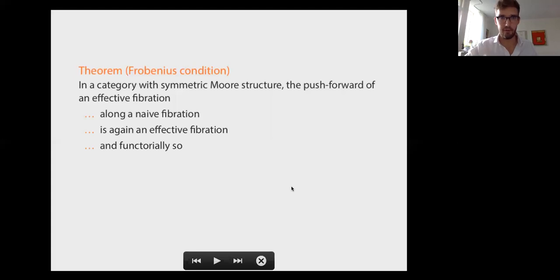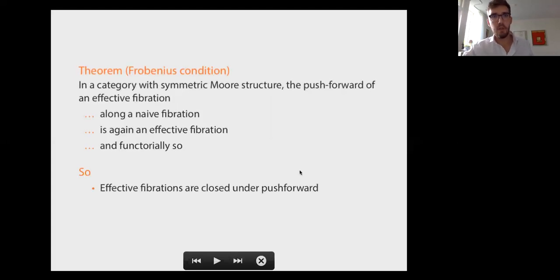I mean, everything is functorial. So effective fibrations are closed under pushforward. And with that conclusion, we are happy because we have shown that our algebraic refactorization system models dependent product types.